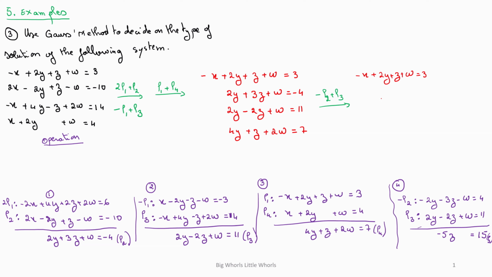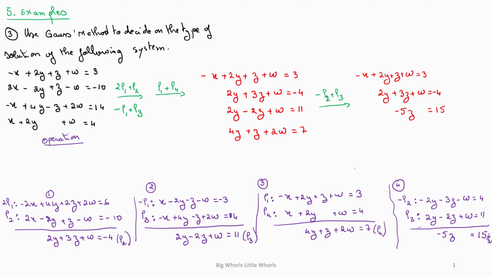I want to do everything on the same line, but I don't think I will have enough space, but let's go. So we have 2y plus 3z plus w equals minus 4. Our new row 3 is minus 5z equals 15. Is that okay?